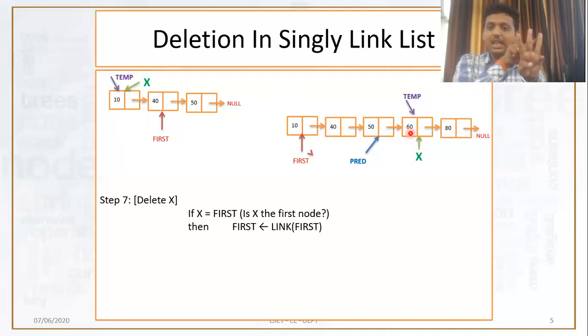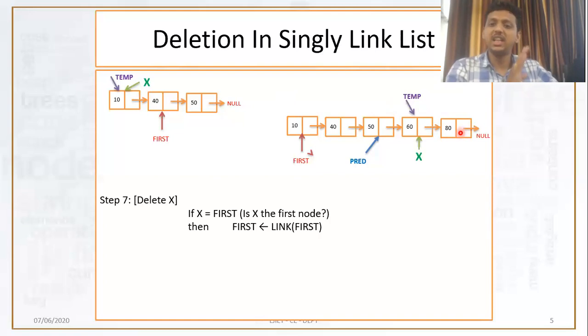If I want to remove 60, I just left two nodes, 50 and 80. So what I need to do, I need to combine both nodes. So I need to link of 50 to 80.